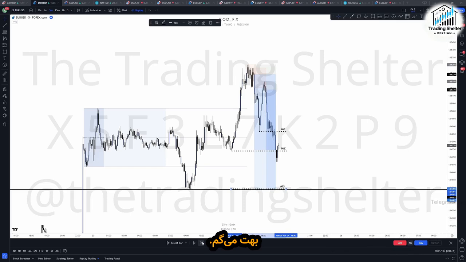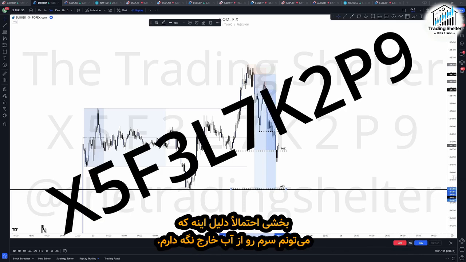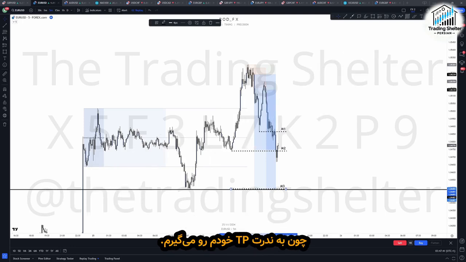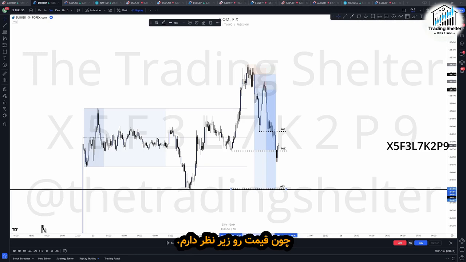I'm telling you, the partials are probably the reason why I'm able to keep my head out of the water, because I rarely take my TP. I would say maybe in 30% of the cases my TP is hit, but my partials are almost a 95% success rate because I monitor the price.